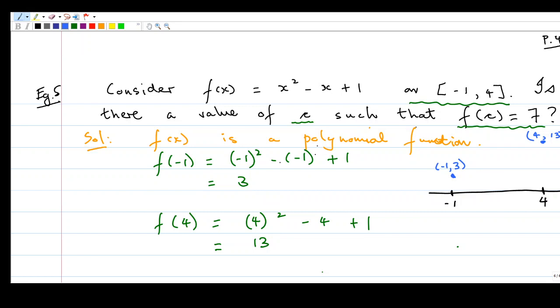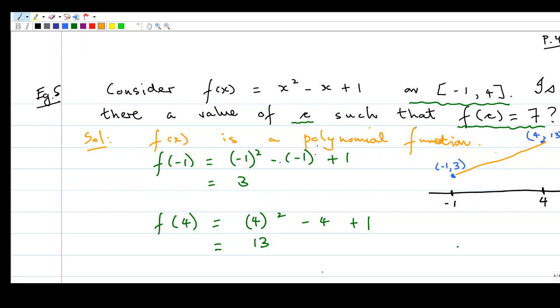And we know that since we're dealing with a polynomial function, the function is continuous. So it means that somewhere in between, the output has to be somewhere between the outputs 3 and 13.